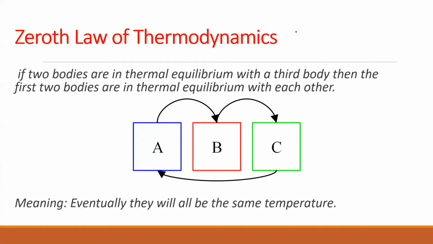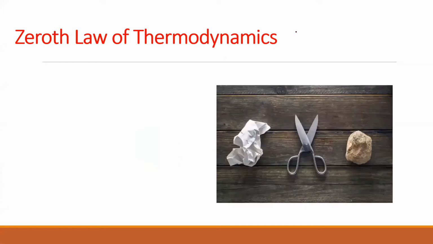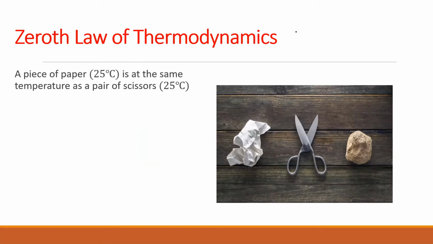The 0th law of thermodynamics just says that if two objects are in thermal equilibrium with one object in common, then those two objects are also in thermal equilibrium. I hated this explanation, so I much prefer this one. It said if the paper and the scissors are the same temperature, these two are in thermal equilibrium, and these two are in thermal equilibrium, then therefore these two must be in thermal equilibrium.